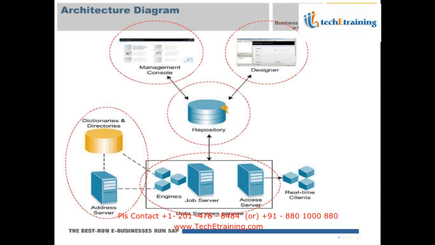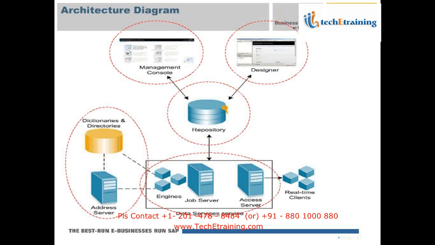In the data services service, you have this divided into three major sections in a distributed architecture: the job server, the access server, and the cleansing engines. The job server is responsible for all the batch jobs that you create and start off in data services, depending on the time frame.